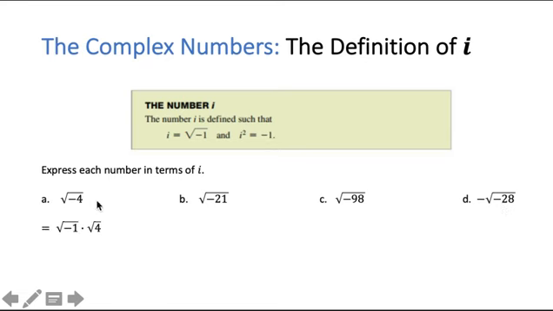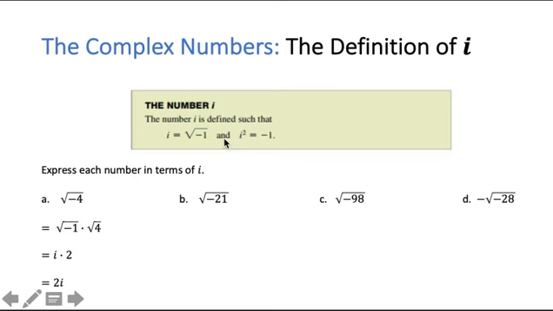So the square root of -4, we're going to separate that into the square root of -1 times the square root of 4. Now, what's the square root of -1 equal to? i. And what's the square root of 4 equal to? That would be 2. So the square root of -4 is i times 2, which is 2i.